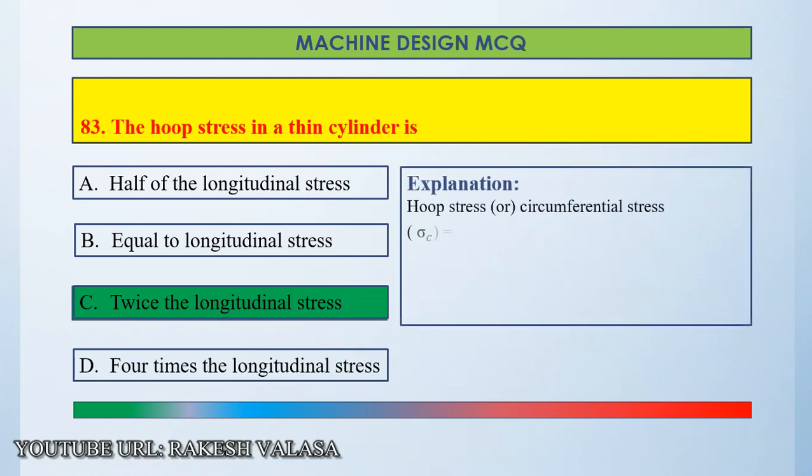Hoop stress or circumferential stress, sigma c equal to PD by 2T, and longitudinal stress sigma L equal to PD by 4T. Now equating these two equations, we get hoop stress equal to 2 times the longitudinal stress. So the correct answer is option C. The hoop stress in a thin cylinder is twice the longitudinal stress.